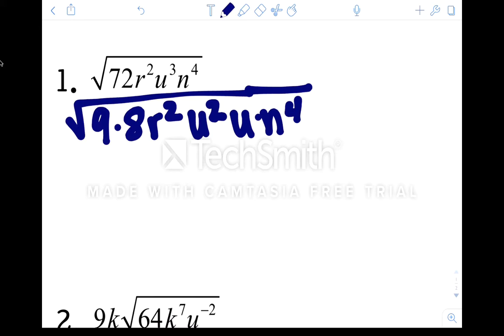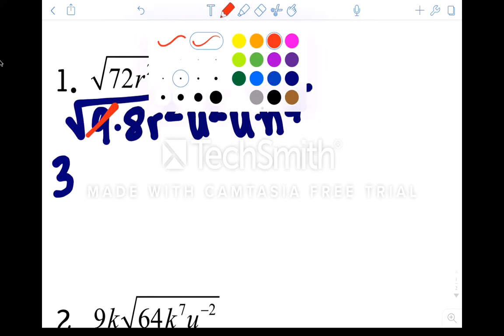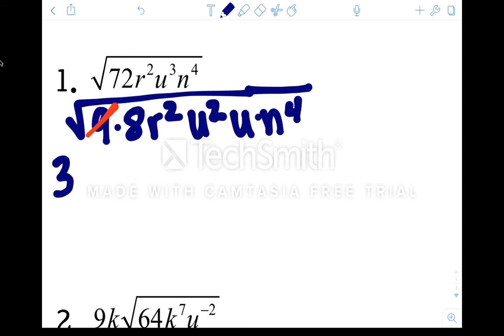So I have the square root of 9, so I'm going to take that out, and that's 3. Go ahead and cross that off here. And then I have r squared. The square root of r squared is r. Remember, when you're taking the square root of a variable, you're going to take the exponent divided by 2. So 2 divided by 2 is 1.